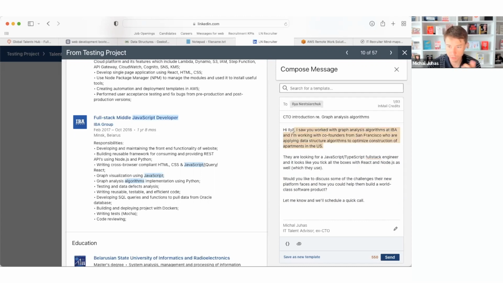Oh, that sounds quite not too fluffy, but to the point. It's technical as well. But they are looking for a JavaScript, TypeScript, full stack engineer, and it sounds like you tick all the boxes with your React and Node.js experience.